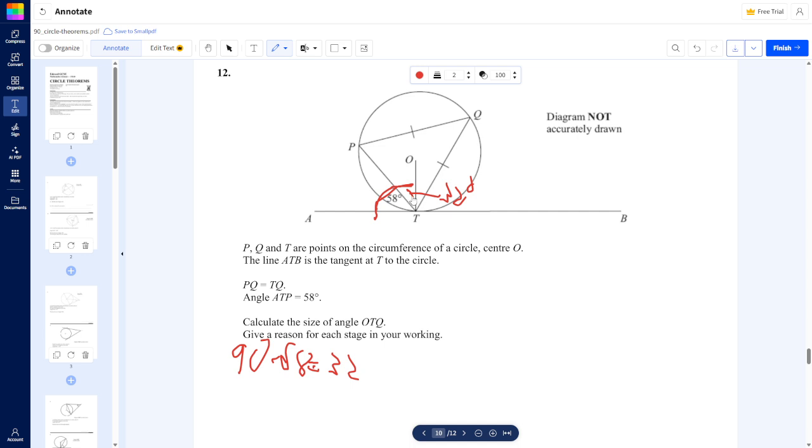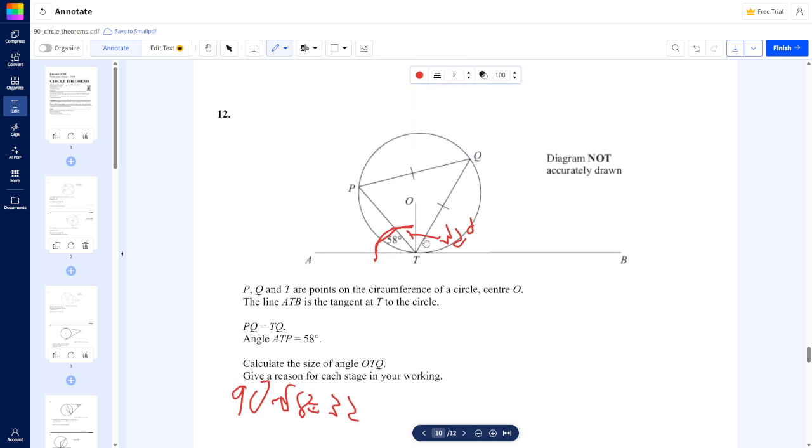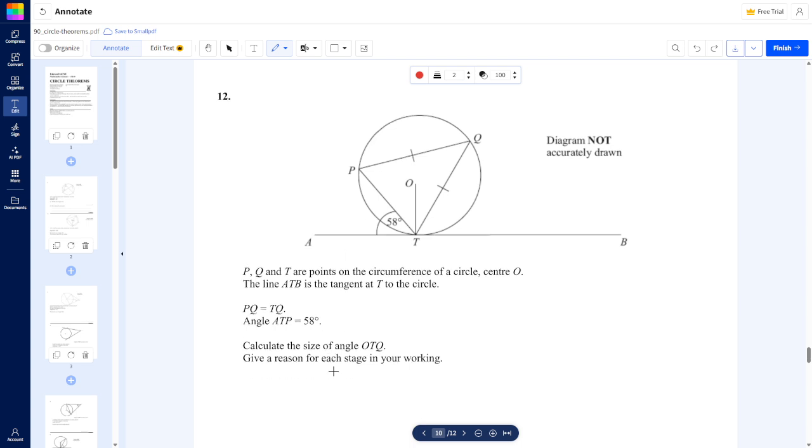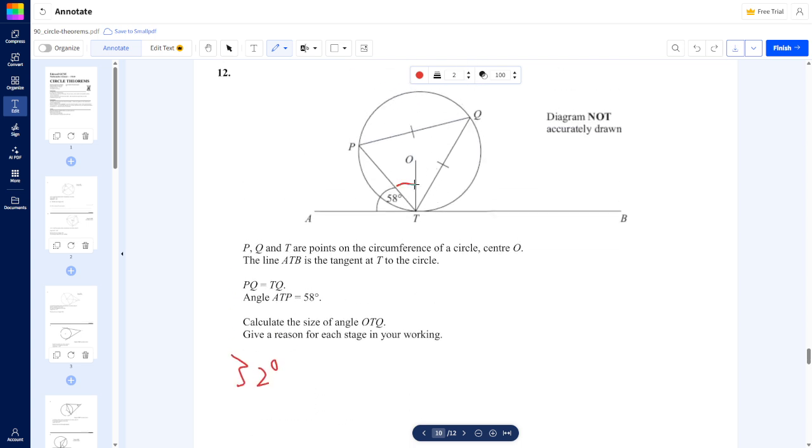Now, because we know this is 32 degrees, we also need to find out the whole thing over here. I'll just delete this part. So we have 32 degrees for this part. Then this angle and this angle have to be the same because of this isosceles triangle.